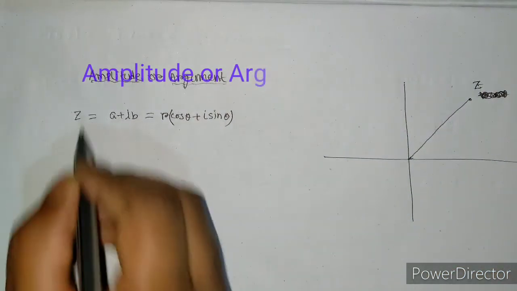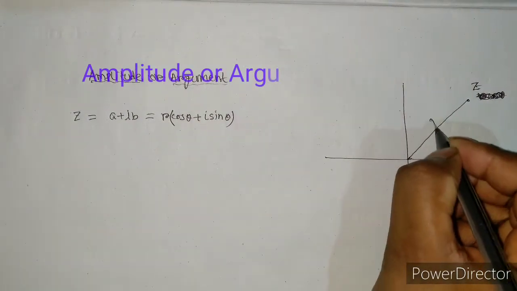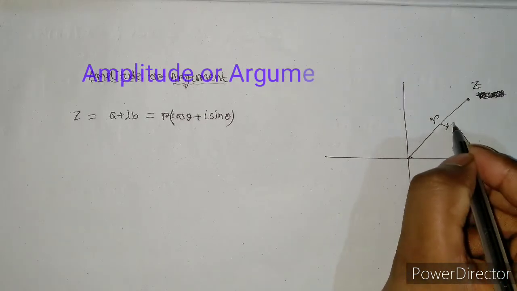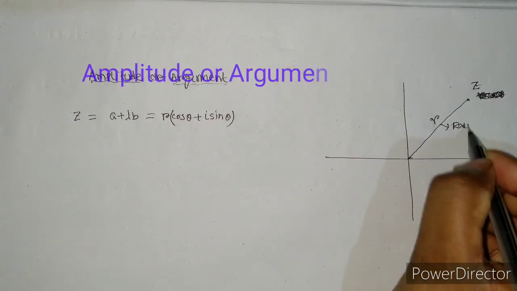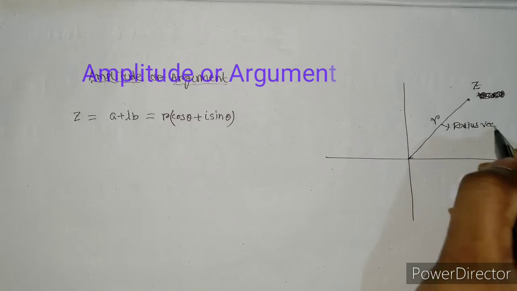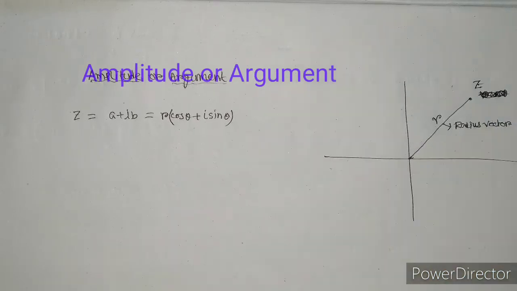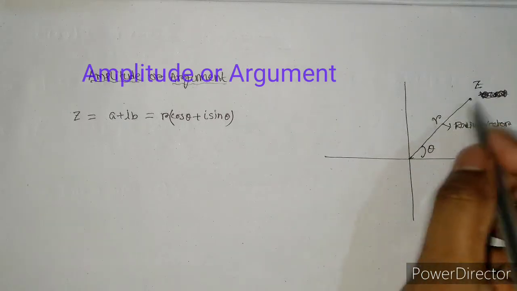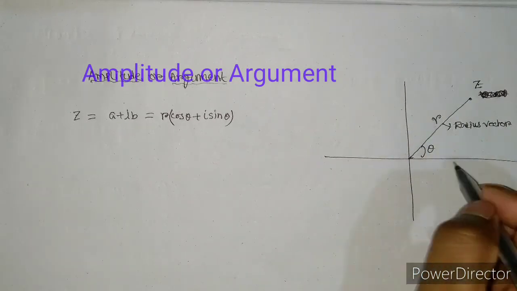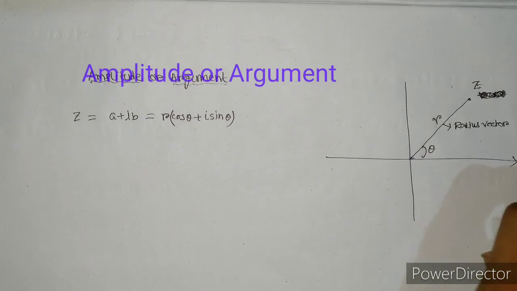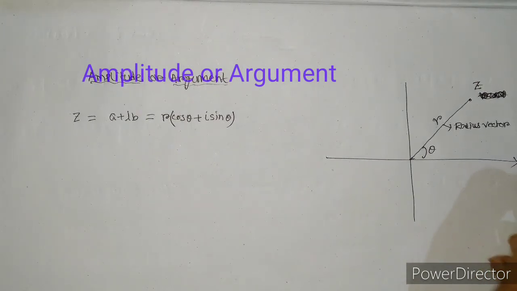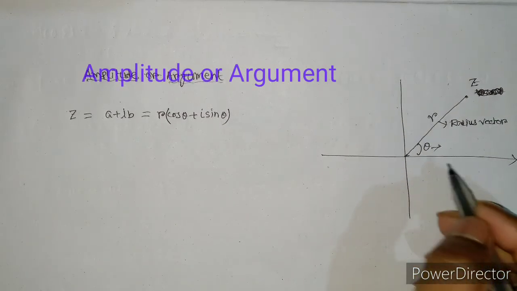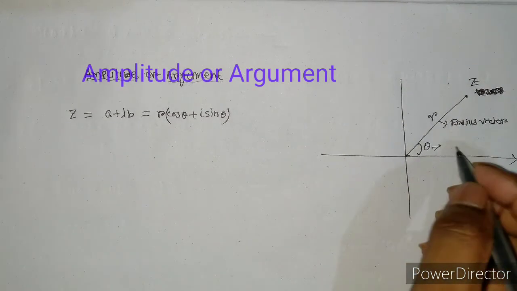This is r, and this r is called the radius vector, and theta is the angle made by the radius vector with the real axis. This is the real axis. This angle theta is called the argument or amplitude.